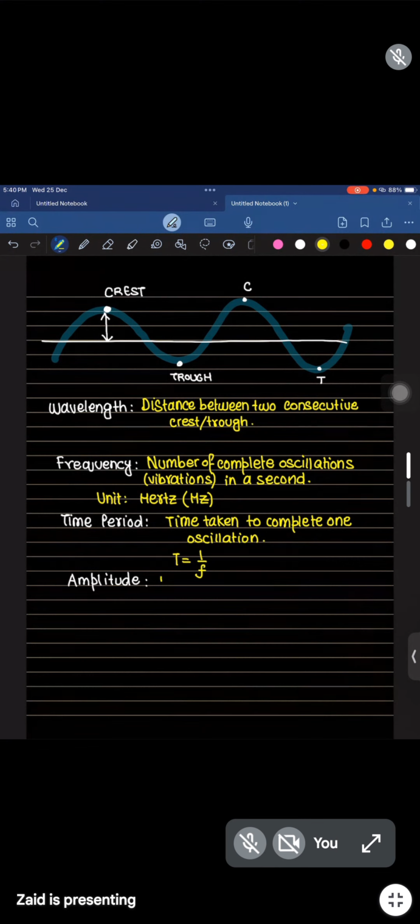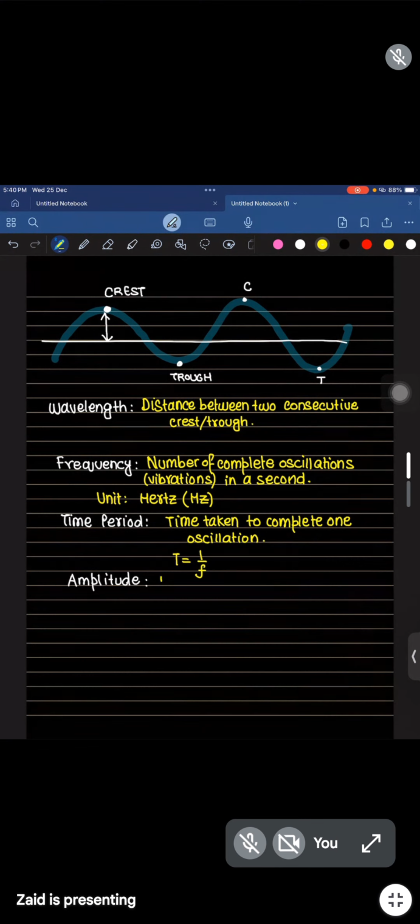Or this can be classified as 1 lambda. It's not always between crest and crest and trough and trough. Just look at this. If I make this point move over here, then that point will move over here as well. Then this is going to be the wavelength. Are you guys clear with this?